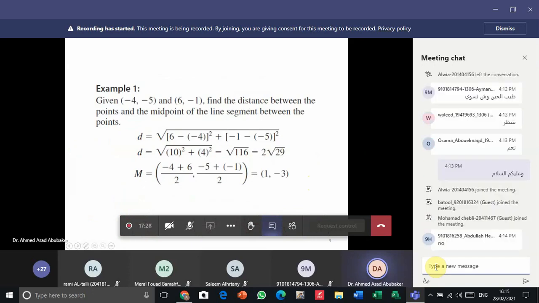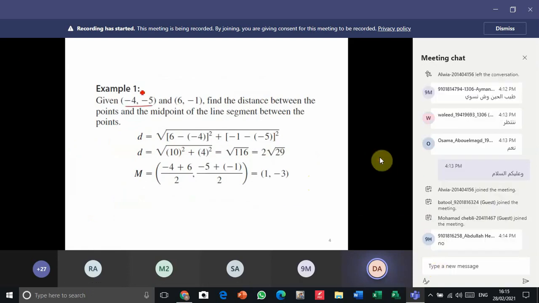Okay, this is another example. Look at this. For example, B1 is negative 4, negative 5, and B2 is 6 and negative 1. We need to find the distance.